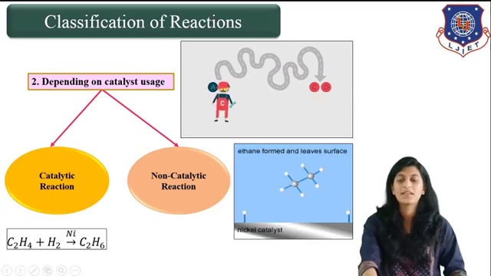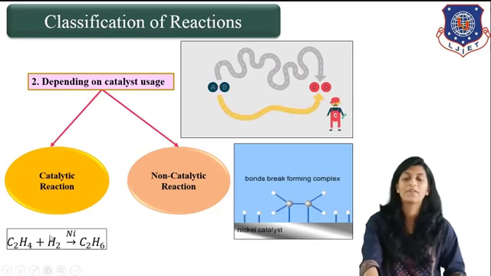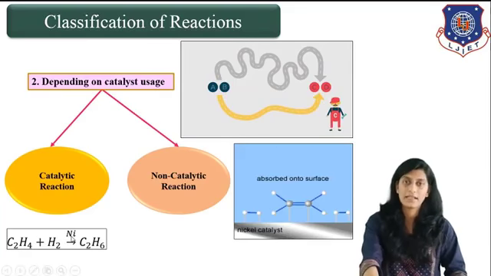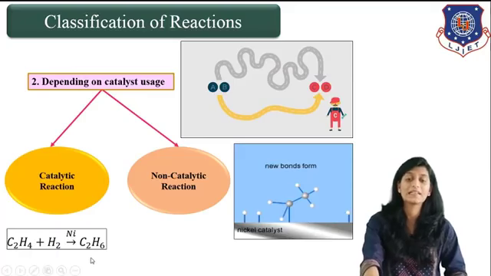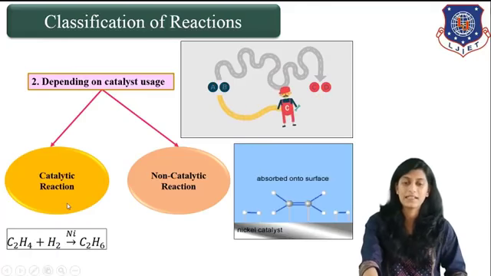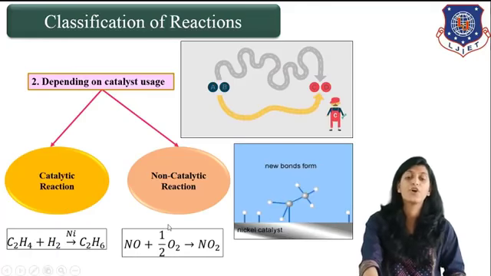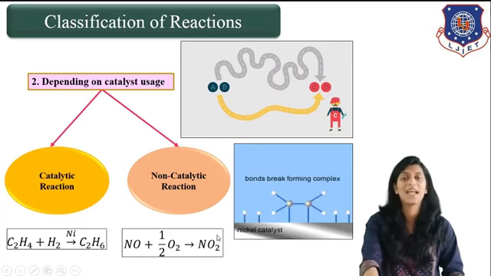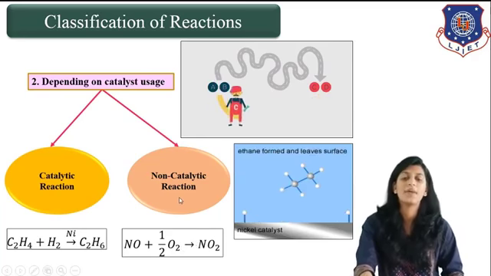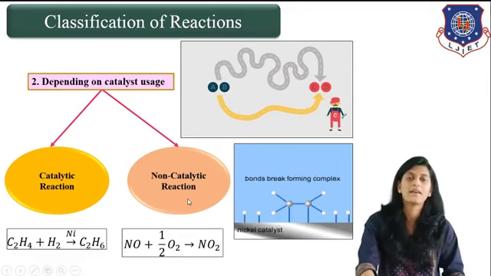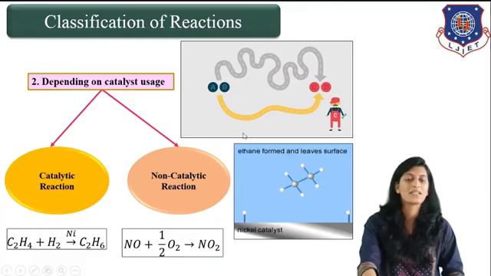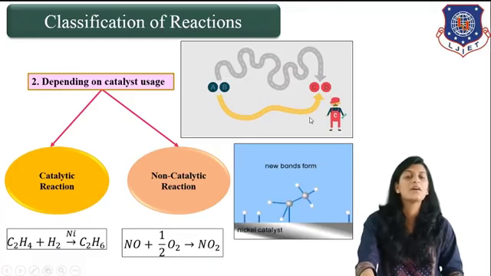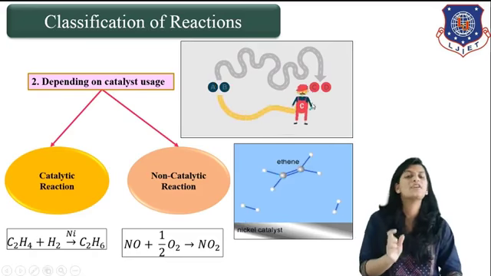As you can see in this particular reaction, nickel is used as a catalyst. When we use a catalyst, it is termed a catalytic reaction, and when no catalyst is required for carrying out the given reaction, it is termed a non-catalytic reaction. Now, as you can see here, using the catalyst, the time of reaction can be reduced, right?